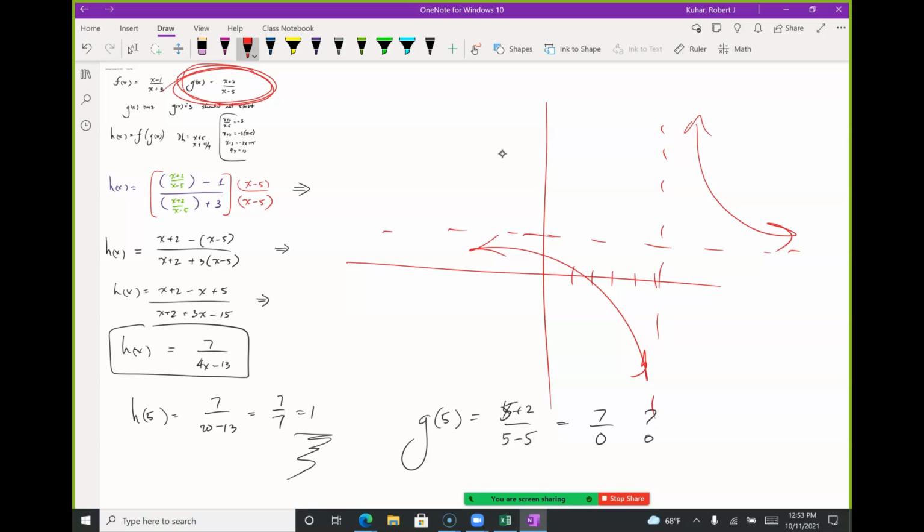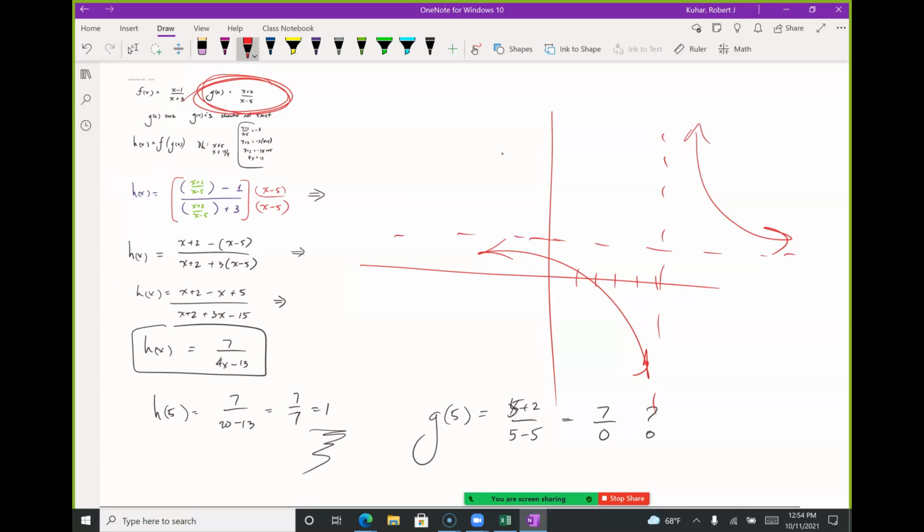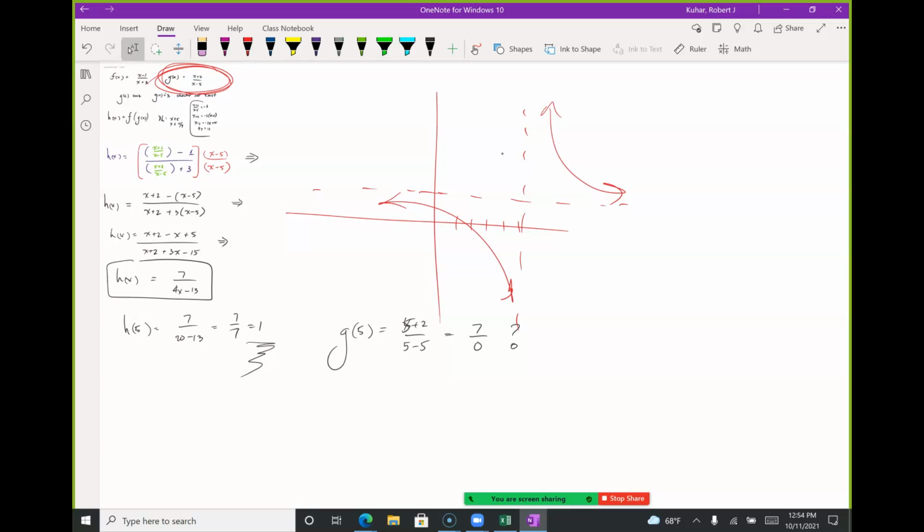Oh, so it's never going to touch 1. Exactly. So it can't happen for G, right? There's no place where that particular thing happens. So I don't know. It's kind of cool.